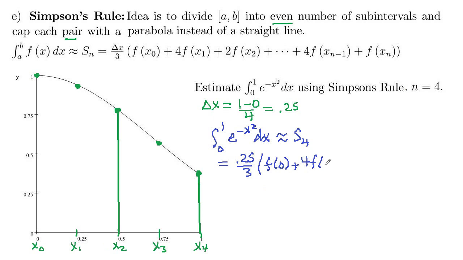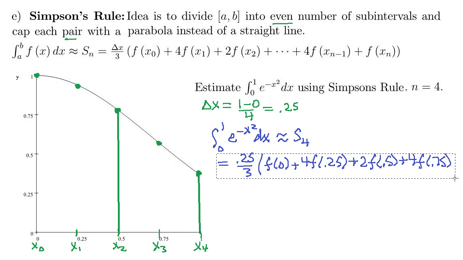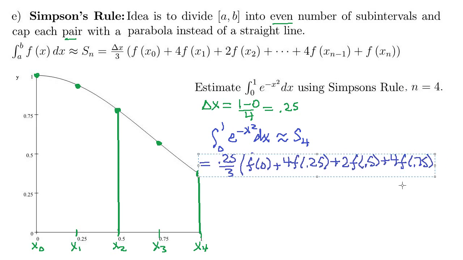So this will be 4 times the function value at the second endpoint, so 0.25, plus 2 times the function value at the next point, which is 0.5, plus 4 times the function value at 0.75, and then the 1 on the end has no multiplier. Plus f at 1. So that's our Simpson. It's going to be 0.25 over 3, and then plug 0 into our function.